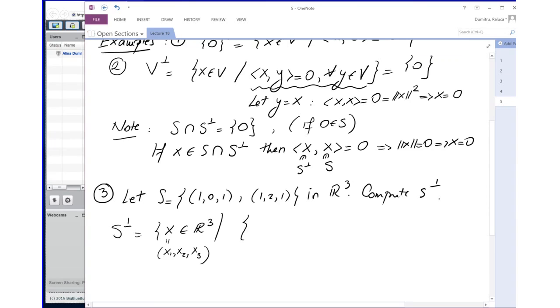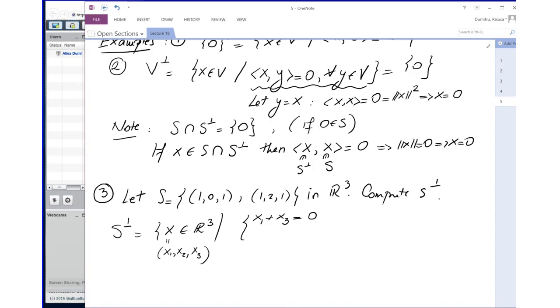What's the inner product between X and 1, 0, 1? It's the standard inner product again. By the way, if nothing is specified, it means it's the standard one. So X with 1, 0, 1 will be X1 plus X3, right? Has to equal 0. X inner product with the second vector in S must also be 0.